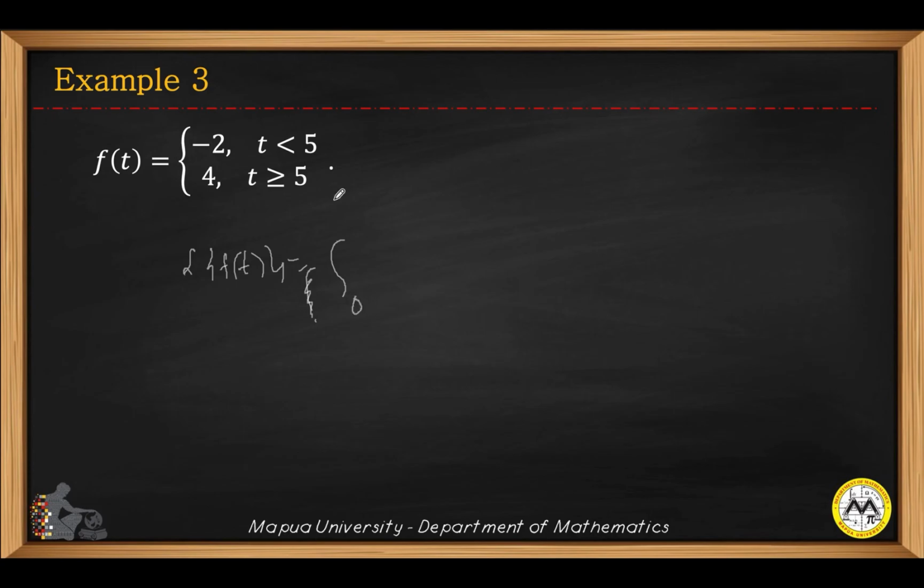So this is from 0 to 5. For this interval from 0 to 5, your f of t is negative 2, so e to the negative st times negative 2 dt, plus from 5 to positive infinity, the function is 4, so e to the negative st times 4 dt. So you can integrate.